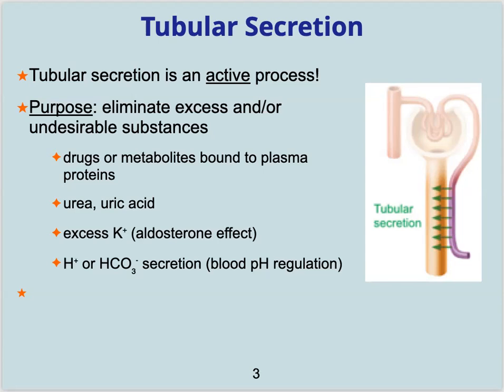So excess potassium can also be eliminated through the kidney. And since your blood has to be maintained at a certain acidity and alkalinity, the long-term regulation of blood pH can be regulated through altering the amount of hydrogen.